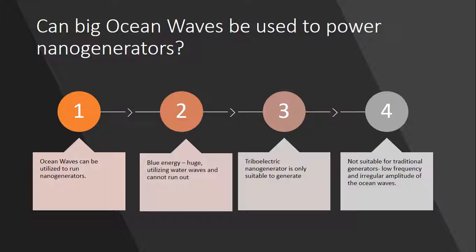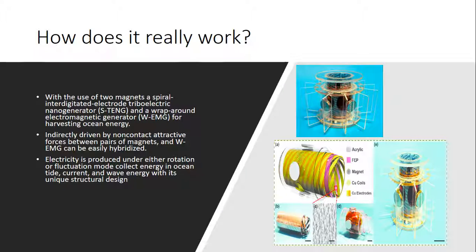But this blue energy cannot be utilized with traditional power generators due to its low frequency and irregular amplitude. But we can harvest it by the use of two magnets, a spiral interdigitated electrode triboelectric nanogenerator and a wrap-around electromagnetic generator.